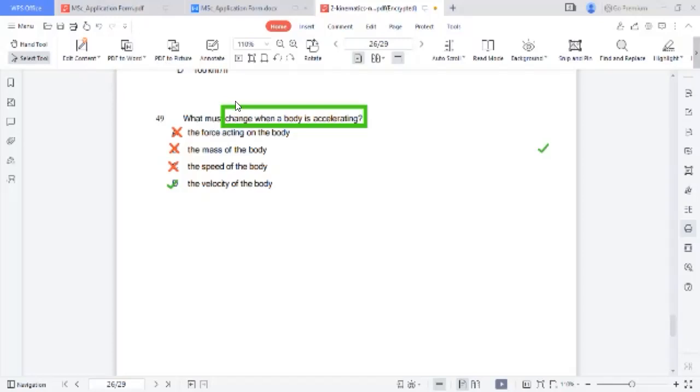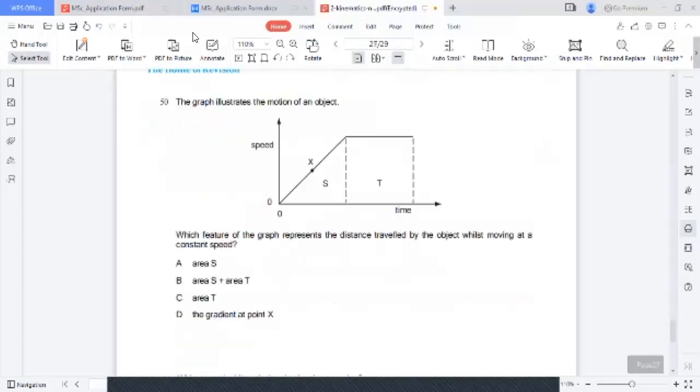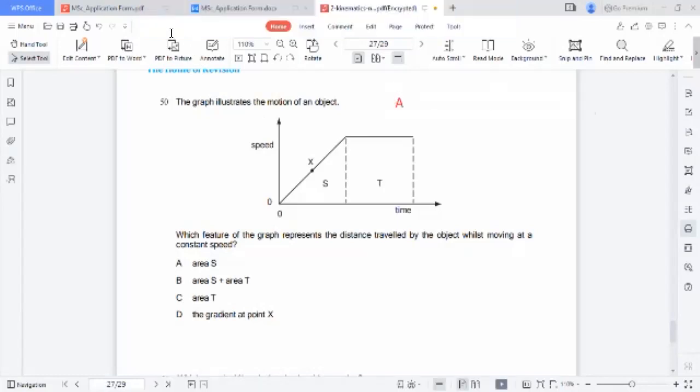Okay, the next is number 50. The graph illustrates the motion of the object. Which feature of the graph represents the distance traveled by the object while moving at a constant speed? We know that the area under the graph tells us about the distance traveled by the object.